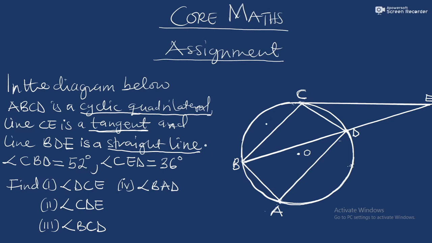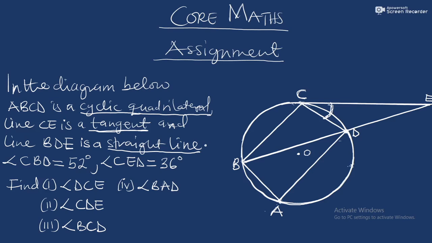Good. Now we're first to find angle DCE, that is DCE. So meaning this angle, the angle here. Okay. Now looking at our diagram, line CE is a tangent, and the line CD is a chord.